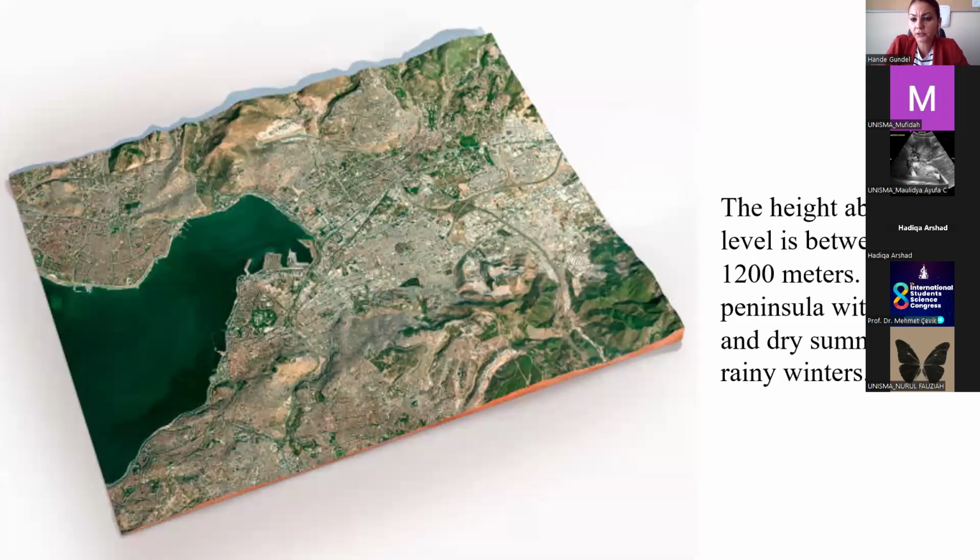It has a diverse topographical structure, valuable flora and fauna character, natural resources, historical and cultural heritage, as well as the presence of different cultures throughout the city. The height above sea level is between 0 and 1,200 meters. It is a peninsula with hot and dry summers and rainy winters.